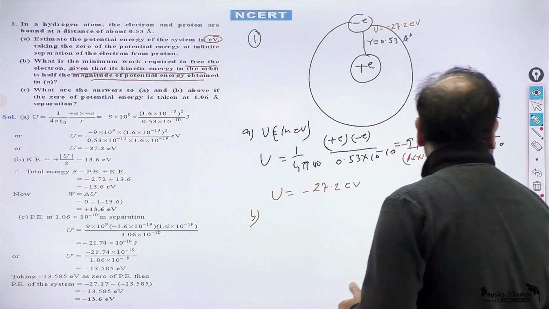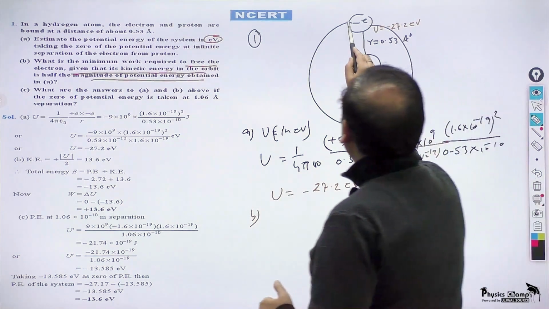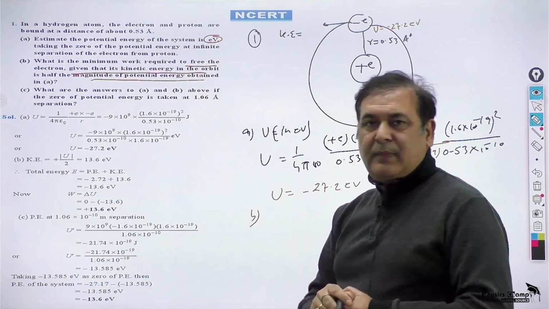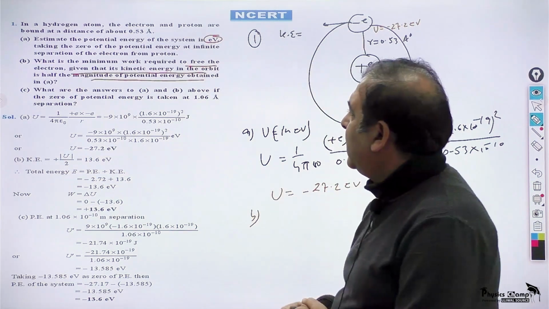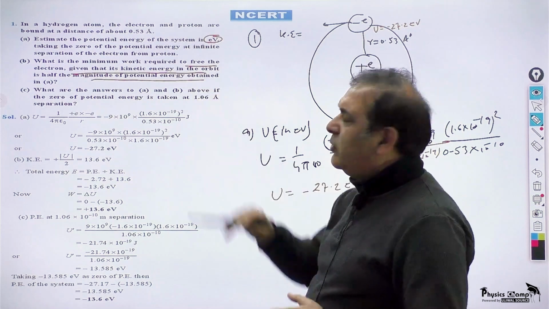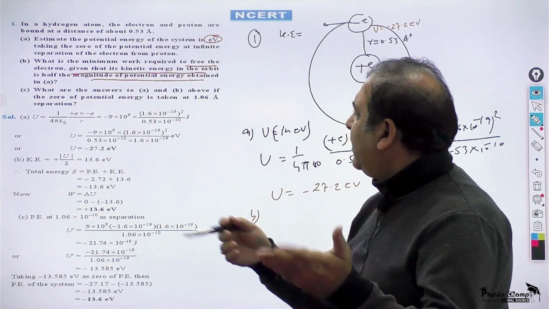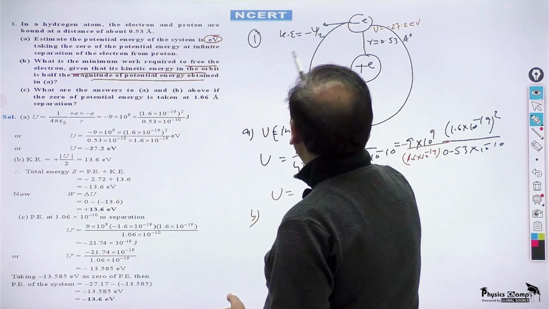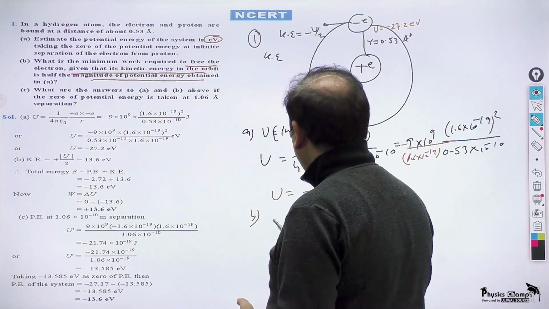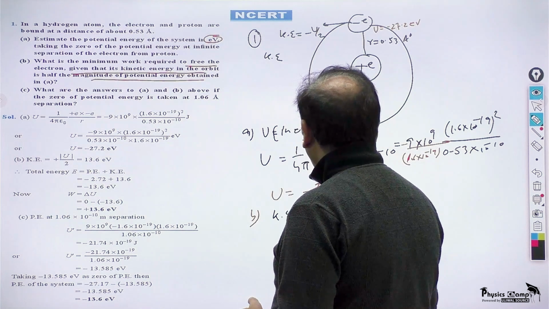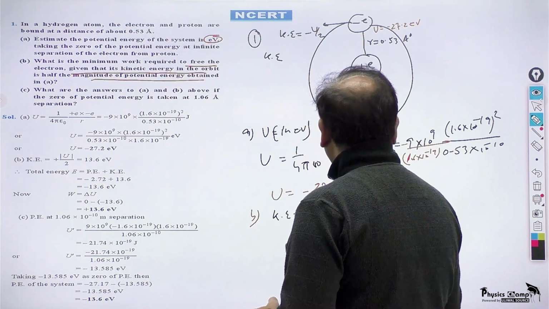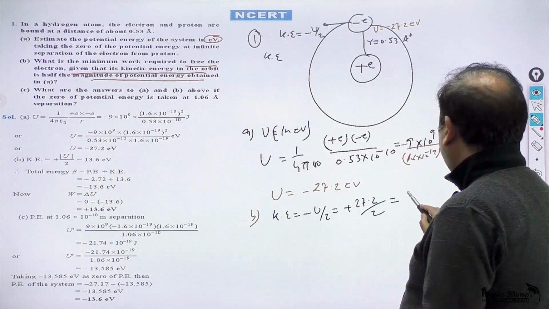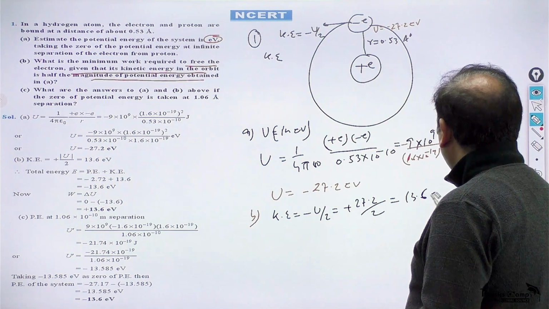But at the same time, this electron is also having kinetic energy because it is revolving. Its kinetic energy as per the question is half the magnitude of potential energy, so it is minus U by 2. So, it is 27.2 divided by 2, so it is 13.6 electron volt.